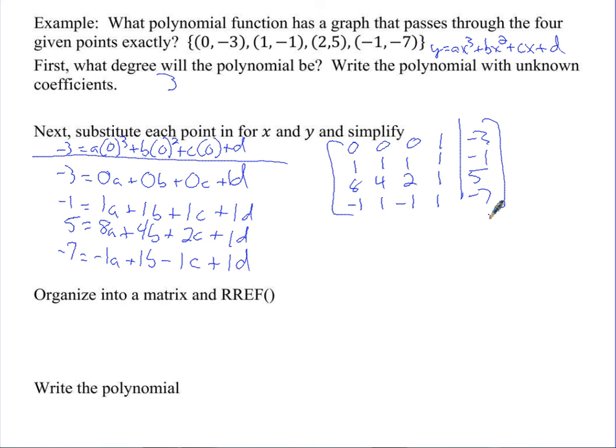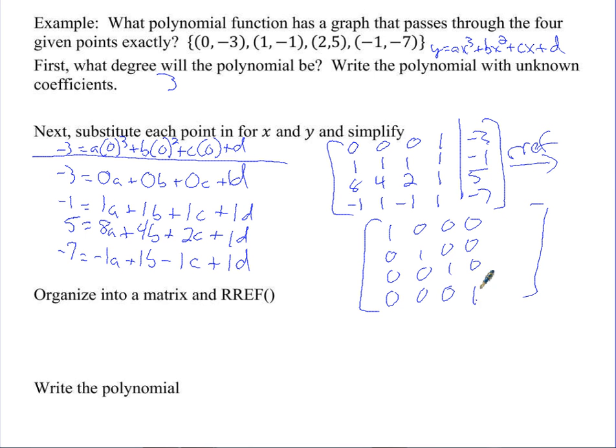What are we going to do? RREF. And we'll get an answer matrix that looks like this. 1, 0, 0, 0, 0, 1, 0, 0, 0, 0, 1, 0, 0, 0, 0, 1, and then a bunch of answers. What are my answers?